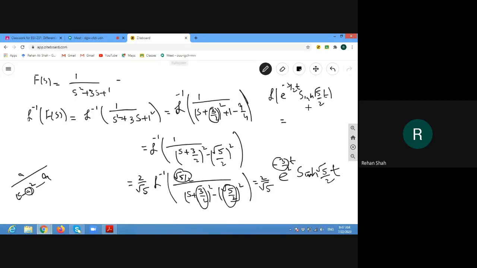So you will write the Laplace transform of sine hyperbolic. This is a means square root 5/2 divided by s square minus minus a whole square, minus a square whole square. और s से सब्ट्रैक्ट करेंगे क्या, s minus minus 3/2 minus 3/2 स्क्वायर, ऐसे होगा.